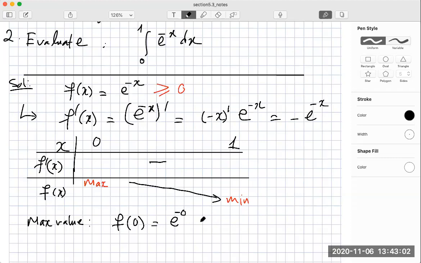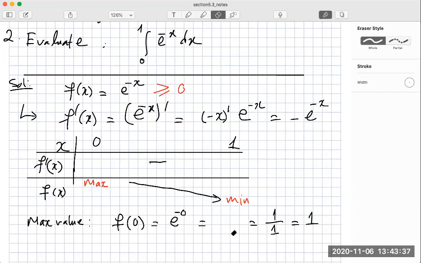From the power rule, the negative power, we can bring it down to the denominator, okay? And any number raised to the 0 is 1, right? It would be 1 divided by 1. Or you can think of negative 0 as simply 0, and e to the 0 is 1, so it's even easier.